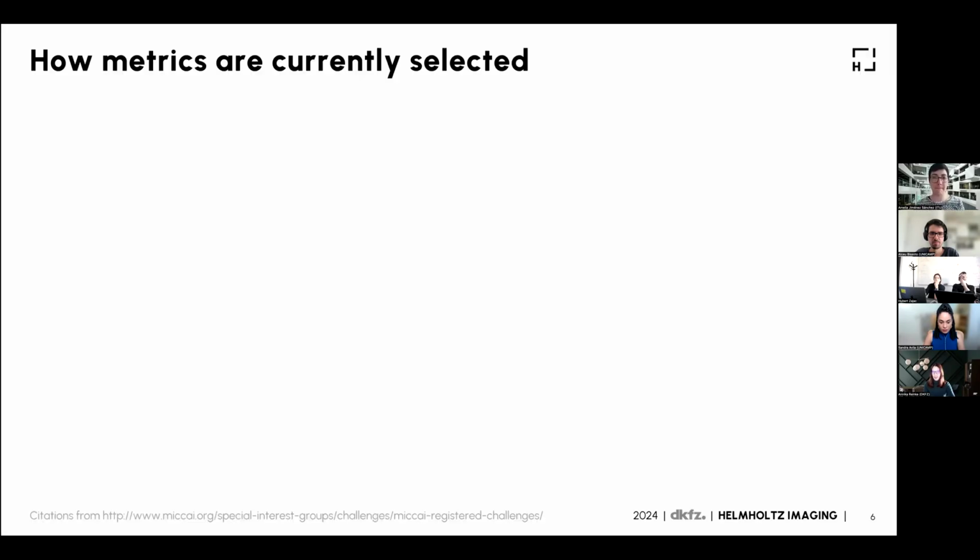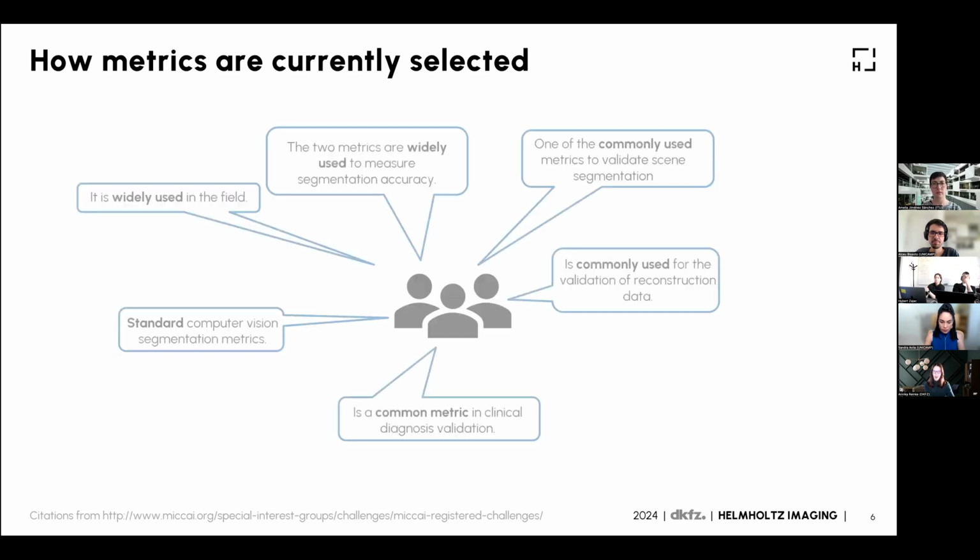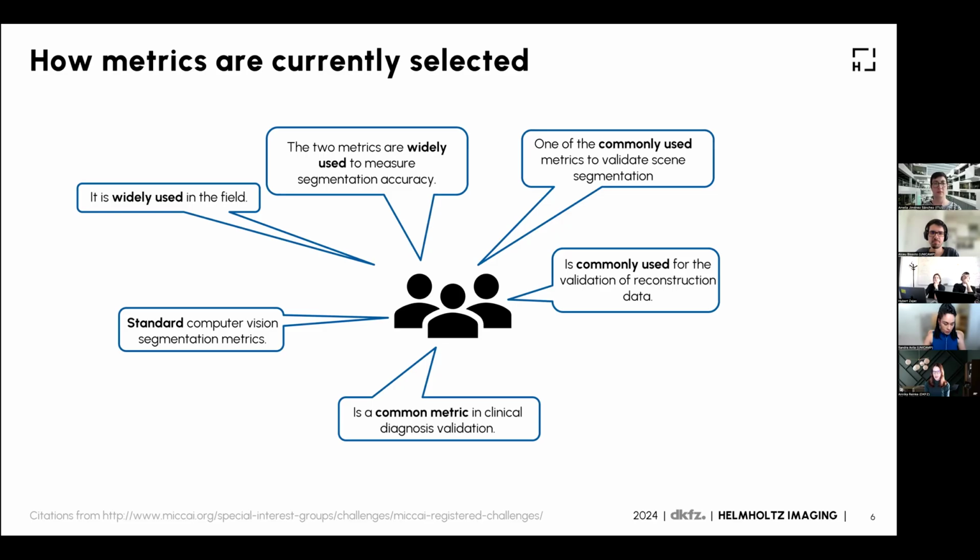So we wanted to know how metrics are currently selected. Is there any scheme behind that? What we did is we looked at what challenge organizers justified their metric choice with. And here you see a few of their responses. We very often saw these kinds of replies. Things like, well, this is a widely used metric, or this is a common metric.